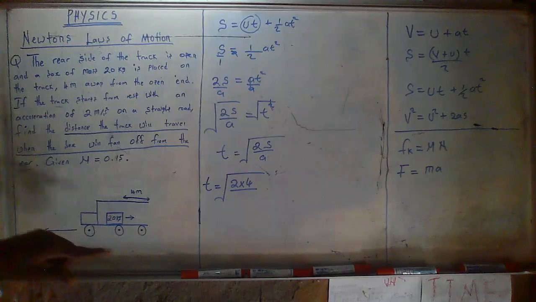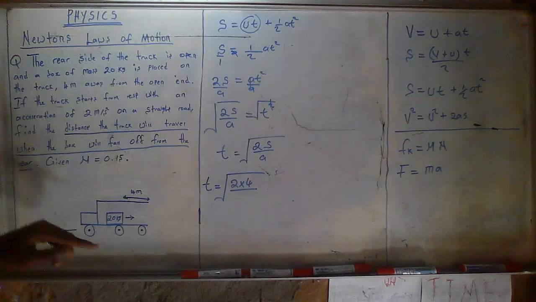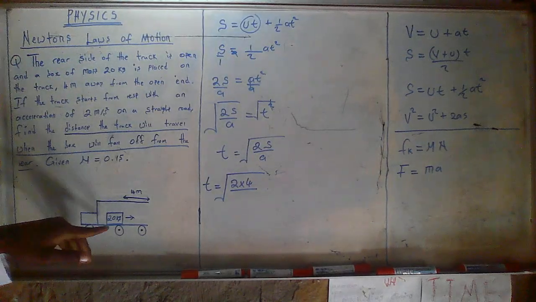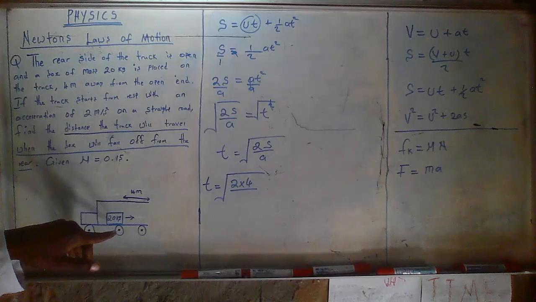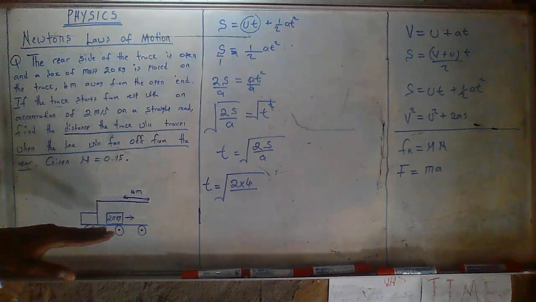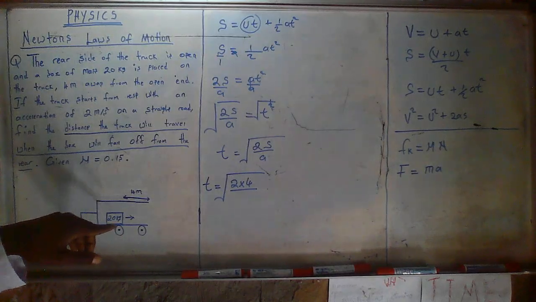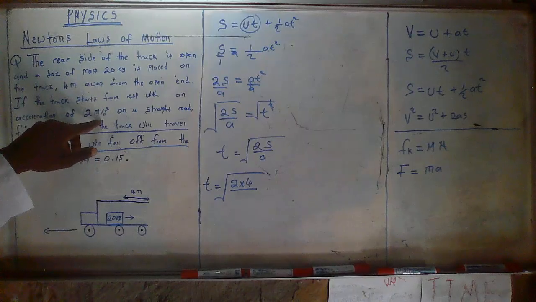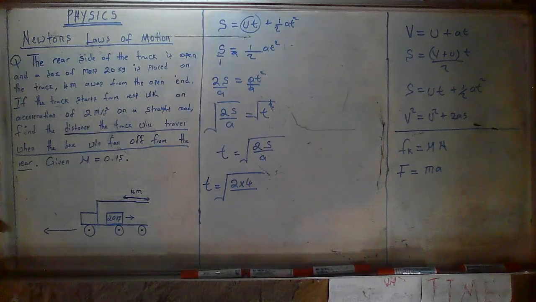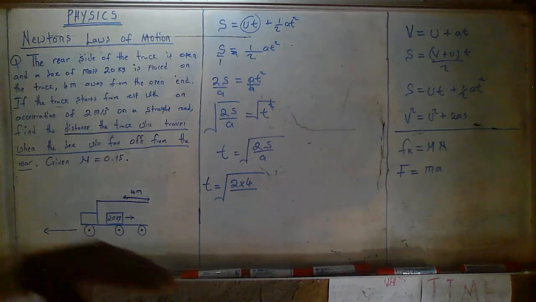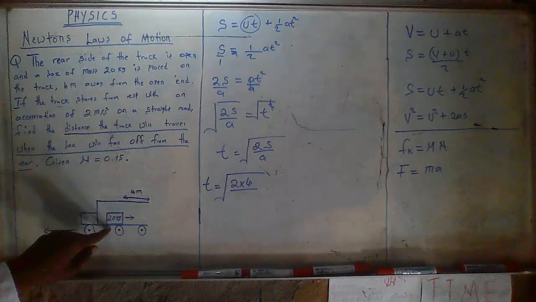For the box, we don't know the acceleration because friction force was acting on the box. If there was no friction acting on the box, then this same acceleration of the track would have been the same acceleration which was pulling the box backward.